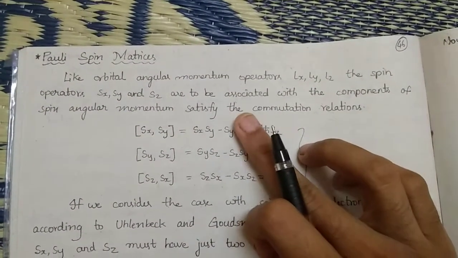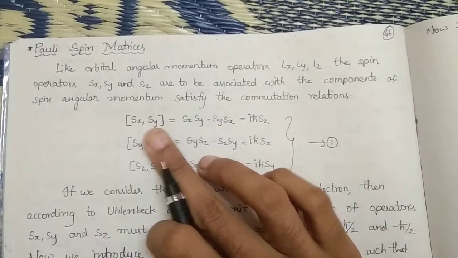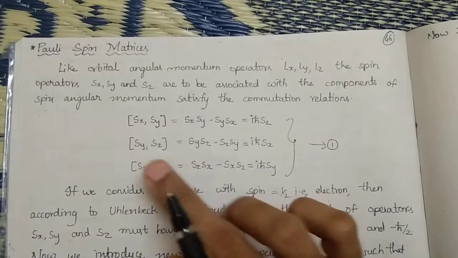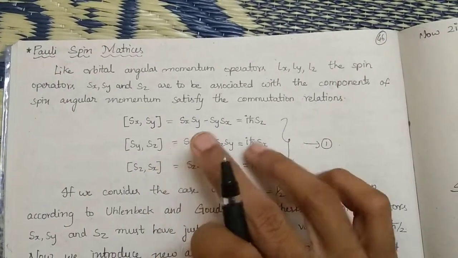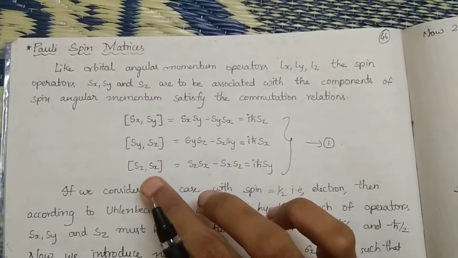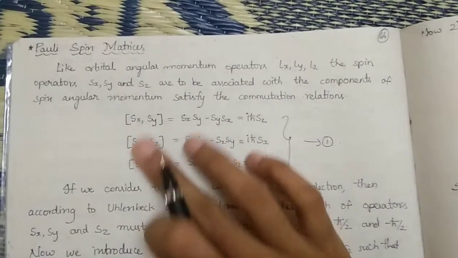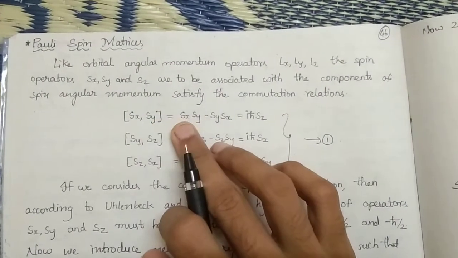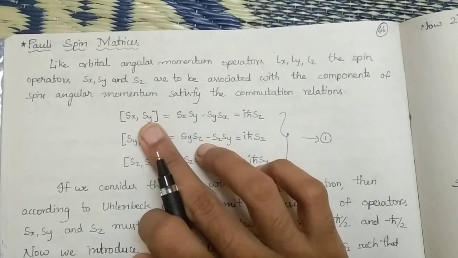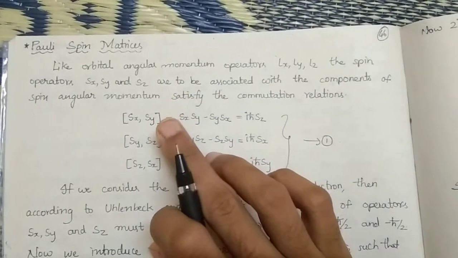They satisfy the commutation relations. Just like we have the commutation of Lx, Ly equals i h cut Lz, the commutation of Ly, Lz equals i h cut Lx, and the commutation of Lz, Lx equals i h cut Ly. In the same manner, we have similar commutator relations for the spin components also.